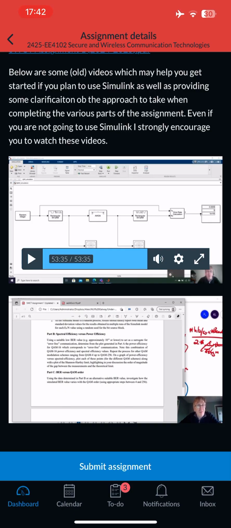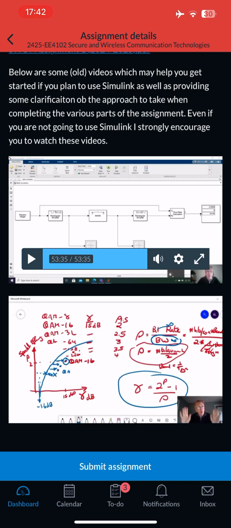So there should be little or no need to rerun any simulation to do part C. Okay, it's just presenting the data in a slightly different way to examine how the bit error rate, for a particular fixed power efficiency, varies with the order of the QAM system. Okay, so hopefully that clarifies things a little bit.